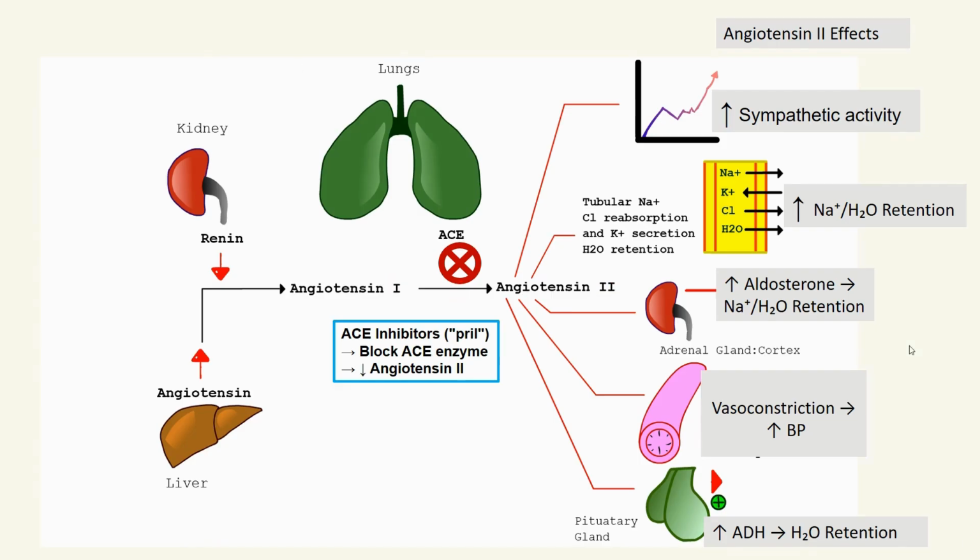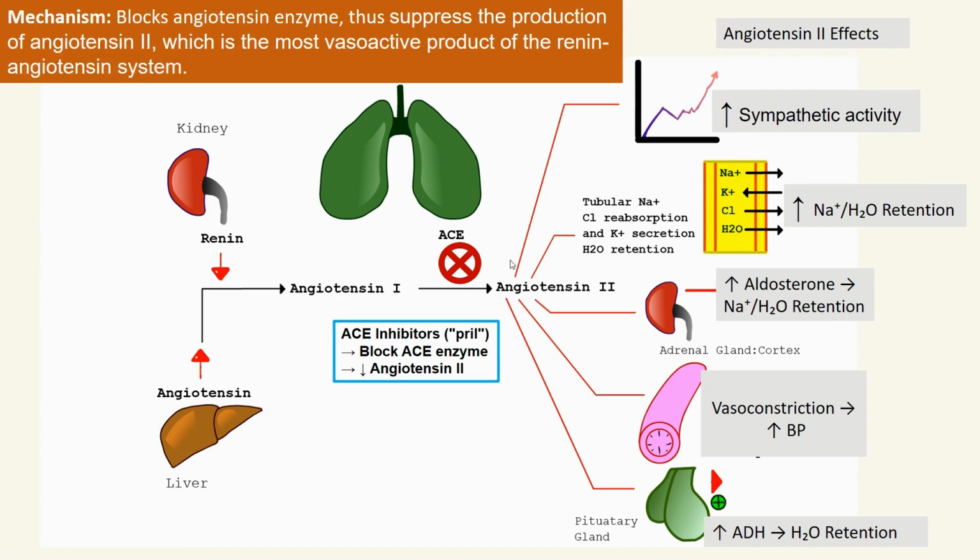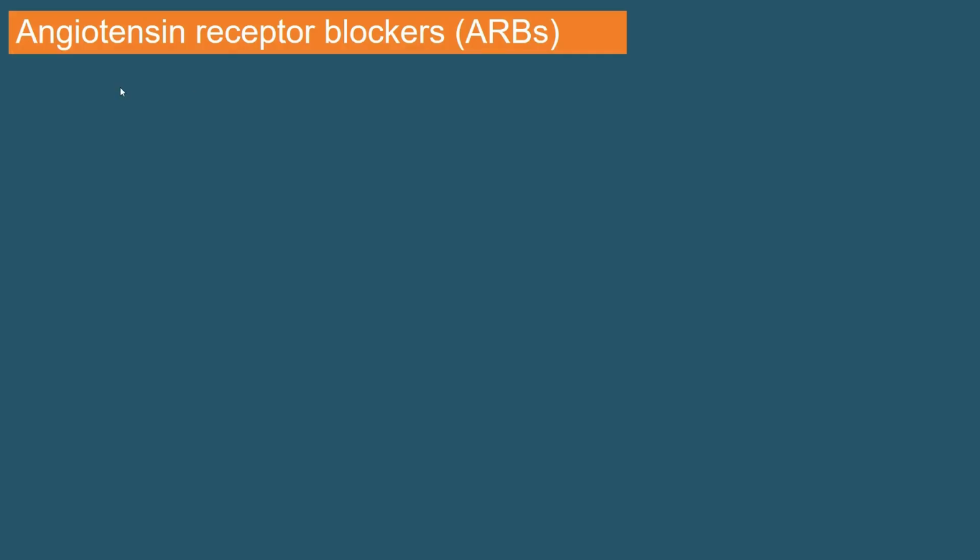As a result, all those actions of angiotensin 2 are reversed or neutralized, and it does lower the blood pressure. So angiotensin converting enzyme inhibitors are the most common drugs that are widely used for blood pressure.